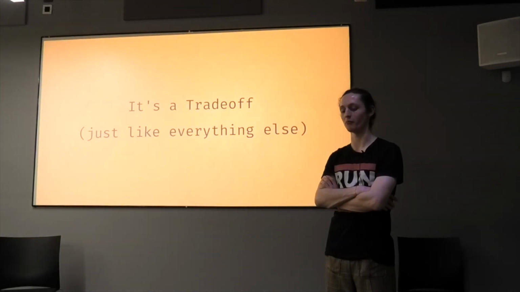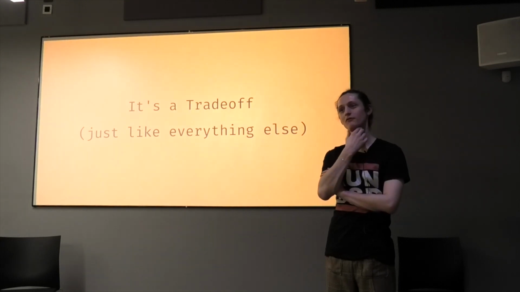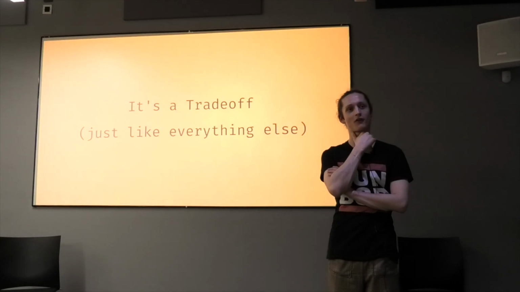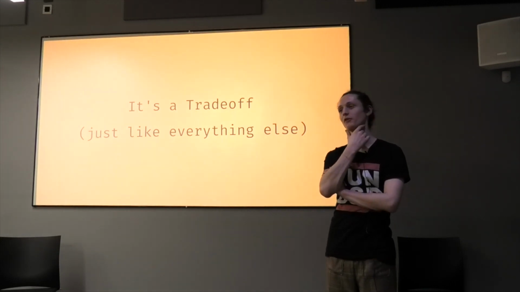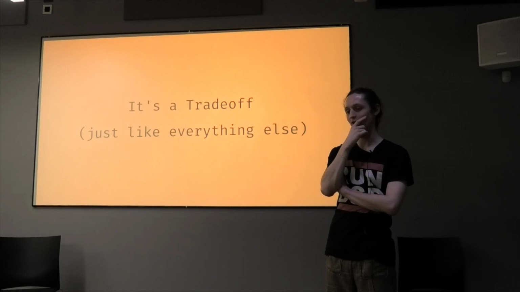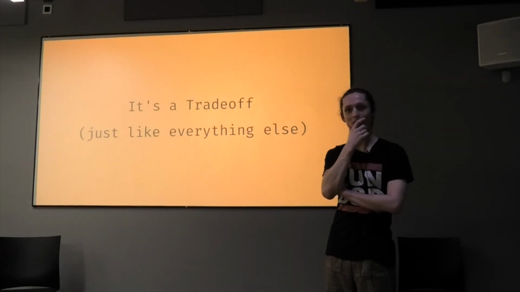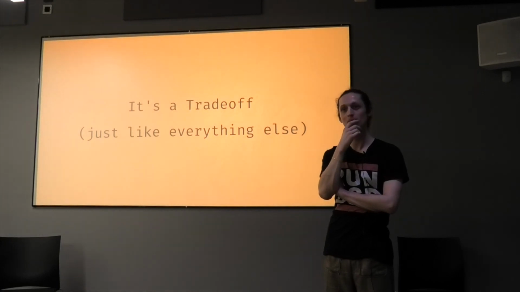Also, the difference in reasoning, like you were saying, goes back to the declarative way of thinking about it. And I think a lot of the time the declarative way of thinking about things is so different that it kind of requires different language primitives.